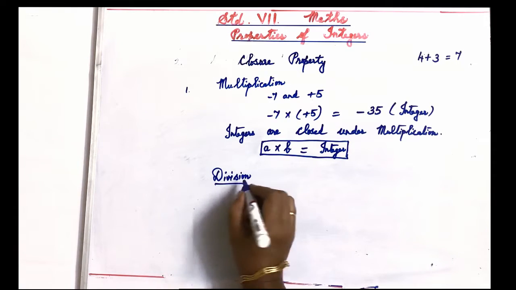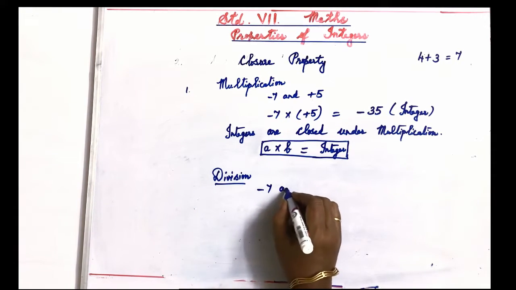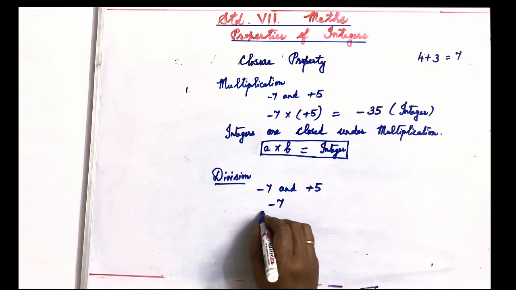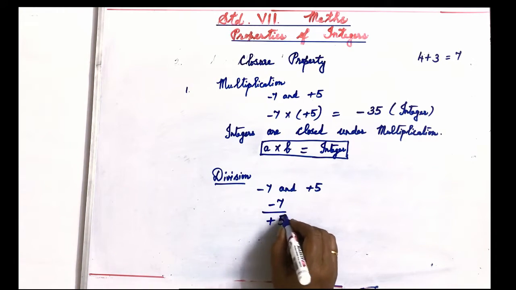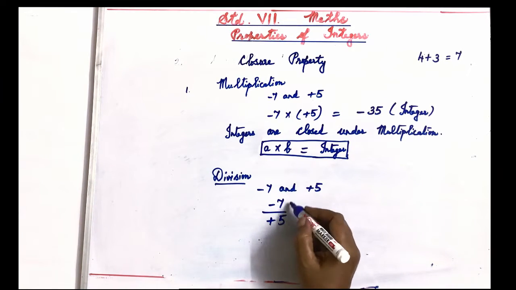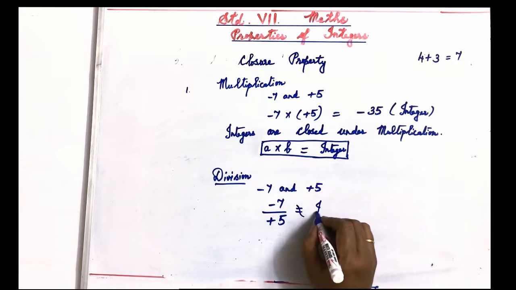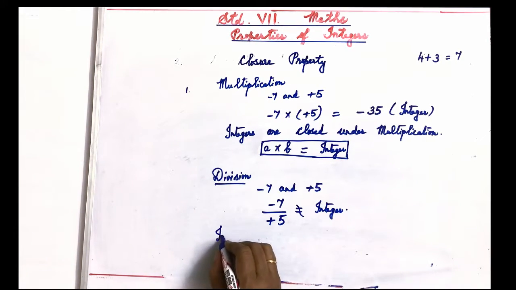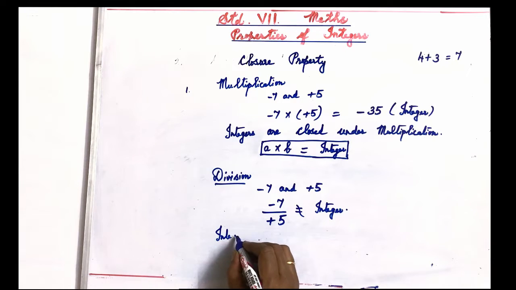We are going to divide the same two integers, minus 7 and plus 5. So minus 7 divided by plus 5. Minus divided by plus is minus, but we cannot divide. So this is not an integer. Therefore, integers are not closed under division.